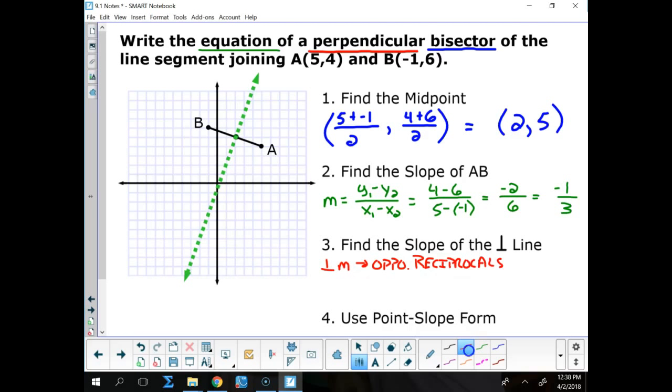We're just bringing all kinds of math into play here today. I love this section. Okay? So what is the opposite reciprocal to negative 1/3? So my slope is going to be 3.